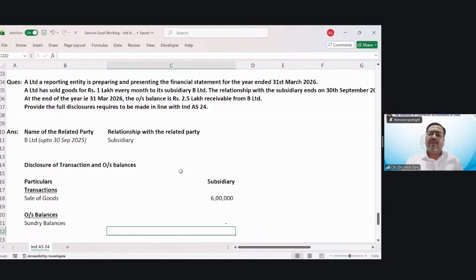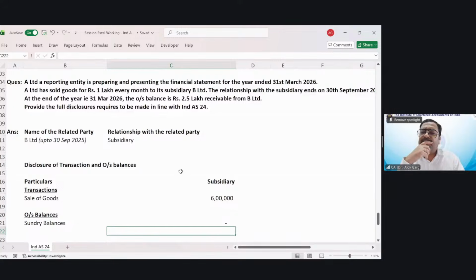Guys, have you covered the consolidation, Ind AS 110? Yes, of course, because you are attending the revisionary class. A Limited is a reporting entity and it has a subsidiary, B Limited, only for 6 months, and on 30th September the relationship finished. Now you are preparing the consolidated financial statement of A Limited, and you have the B Limited financial statement also.